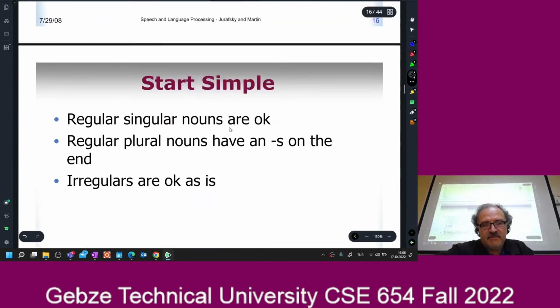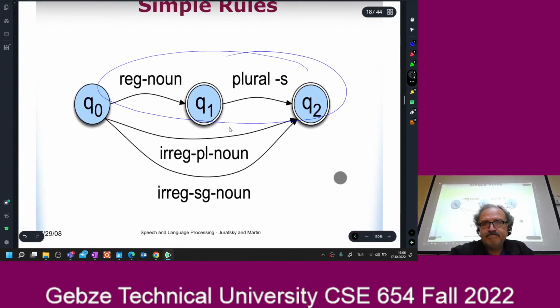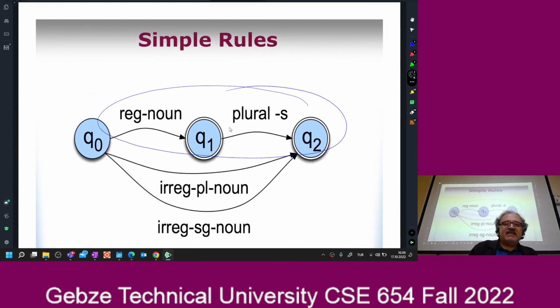A few examples. Yeah. This is a simple rule for the plural finite state automata. For the regular nouns, okay, any regular noun, I can accept it.